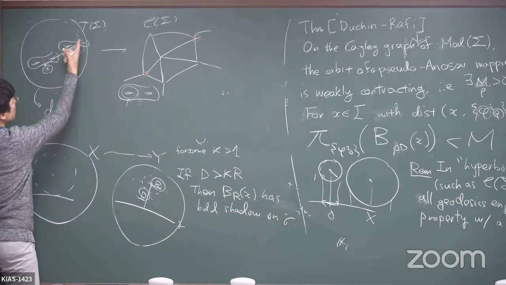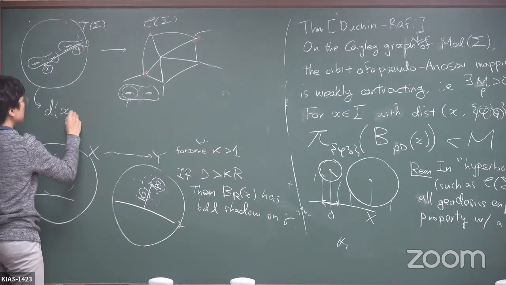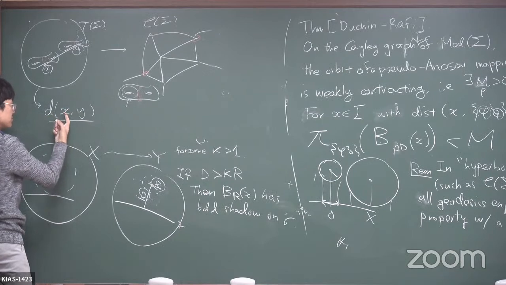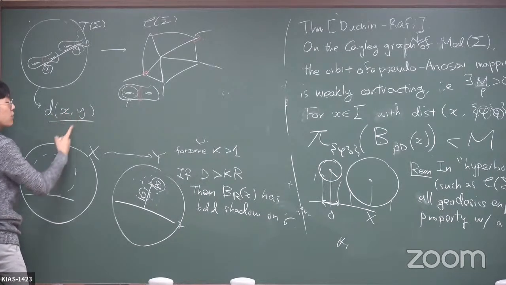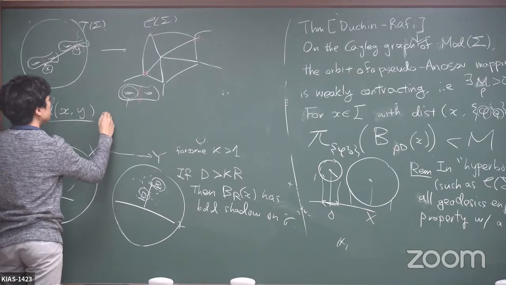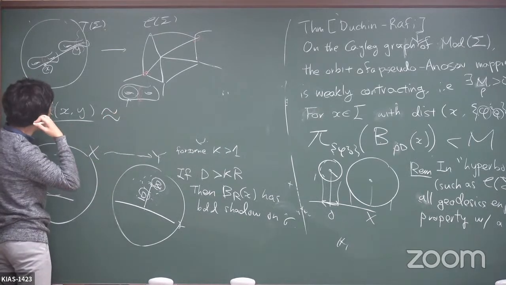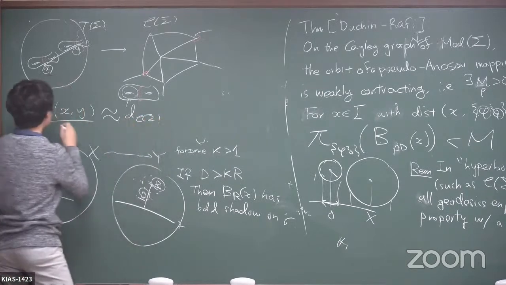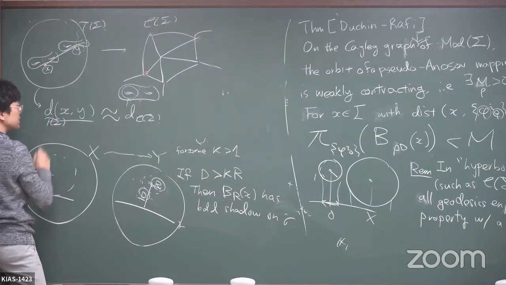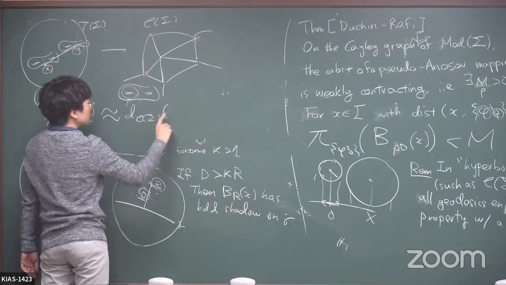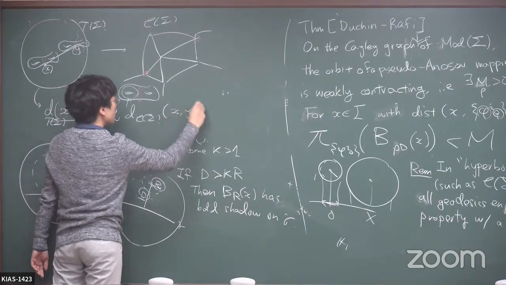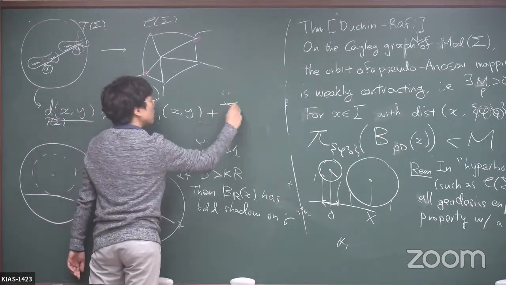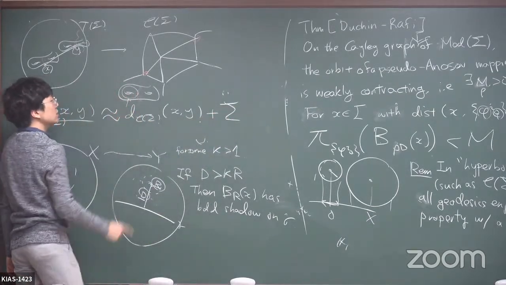On this Teichmüller space, if you take x and y, and assume that x and y are both thick, then this is coarsely equivalent to the distance on the curve complex. So this is on the Teichmüller space of sigma. This is pretty much the same as their corresponding curve complex distance plus all the deformations on the subsurfaces.